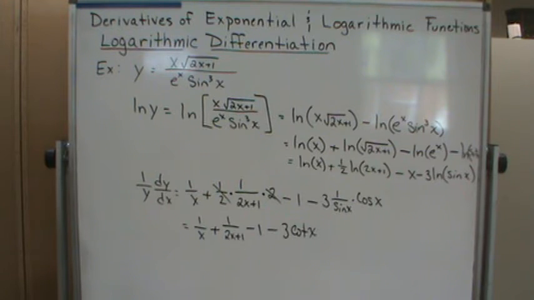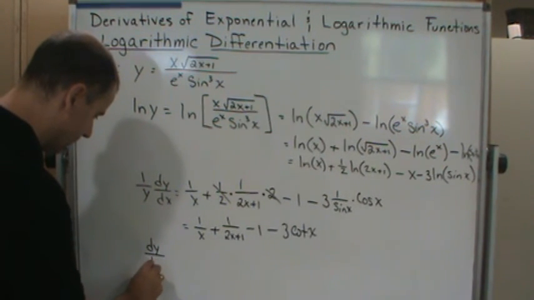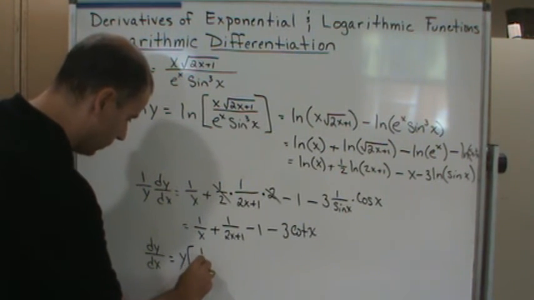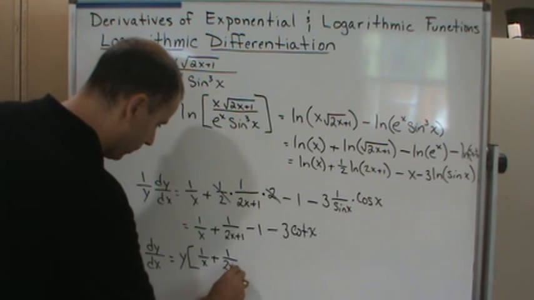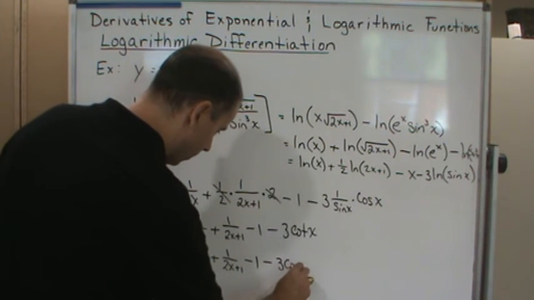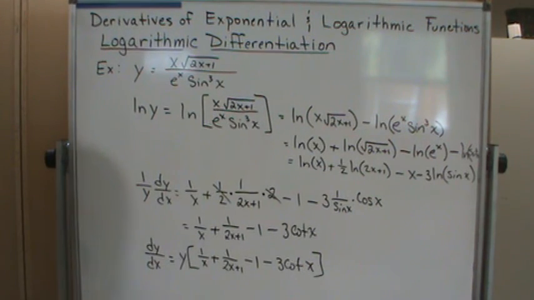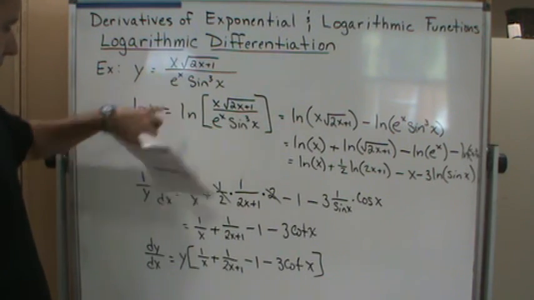Okay, so now I'm going to multiply both sides by y. So now I get dy dx equals y times 1 over x plus 1 over 2x plus 1 minus 1 minus 3 cotangent x. And then the last thing I'm going to do is just replace y with this.